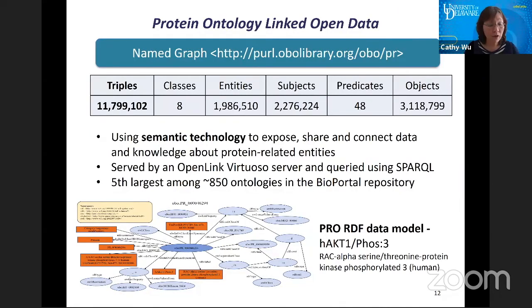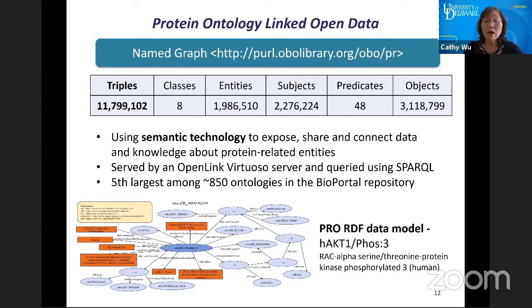So with the protein ontology as the foundation, we have developed and presented the protein ontology linked open data framework to help support semantic data integration and computing. We use the RDF format and disseminate via the SPARQL endpoint.